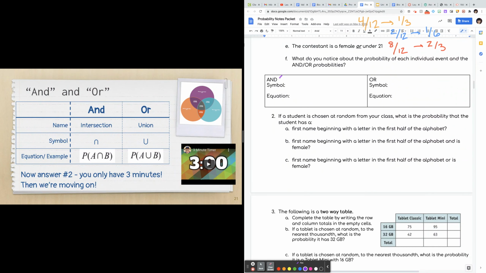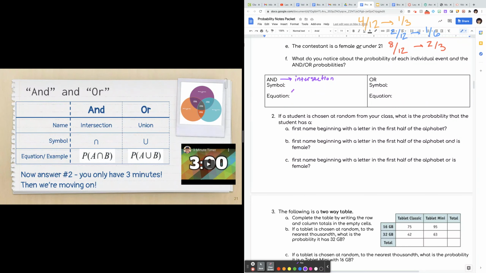But our fancy geometry term for and is the word intersection. Right, which kind of makes sense. An intersection is where like two streets come together. So an intersection in probability is like where two categories come together. It's like the overlap between them, okay?